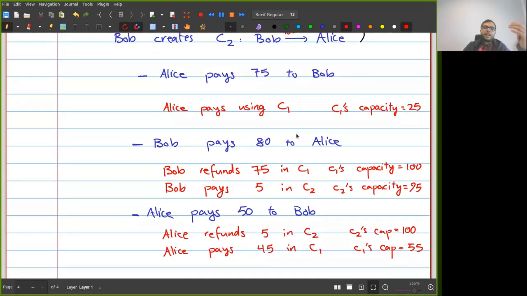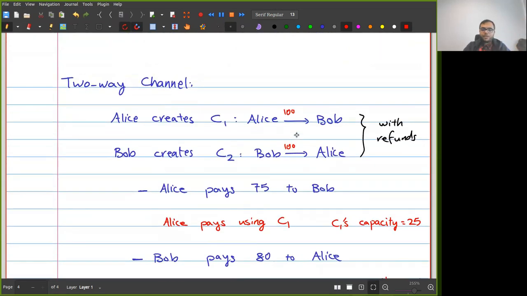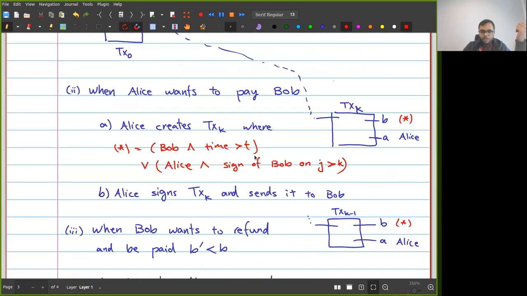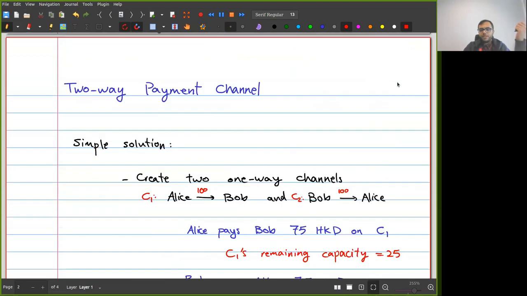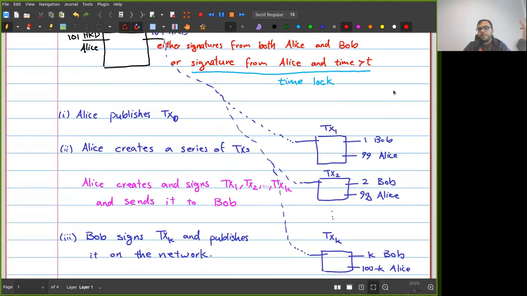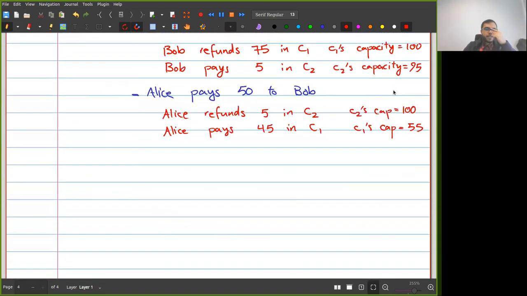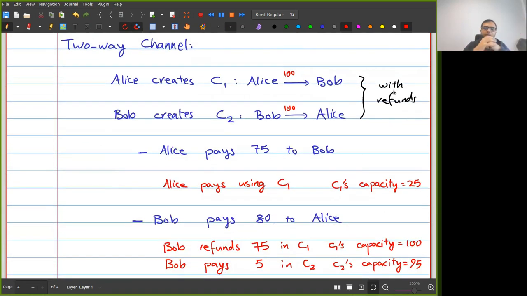And then at the end of the day, I just come back and I close my 2 channels. And one of them can be closed by Alice, the other one can be closed by Bob. Of course, I will close all of them before this time T, because my channels also had an expiry time. So now Alice and Bob, let's say if they're friends, they can easily transfer money between themselves, and they can be sure that those transfers will be honored, because at the end of the day, when they close the channels, all of the payments and refunds in that channel have to be honored.